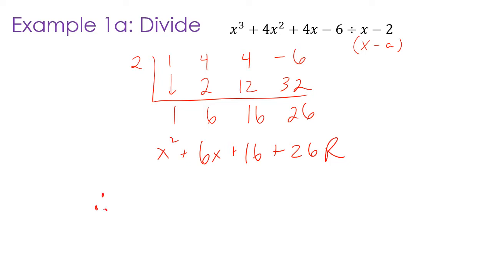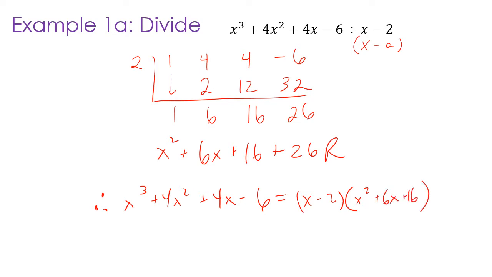And of course our division statement, therefore x cubed plus 4x squared plus 4x minus 6 equals x minus 2 times x squared plus 6x plus 16 plus our remainder.